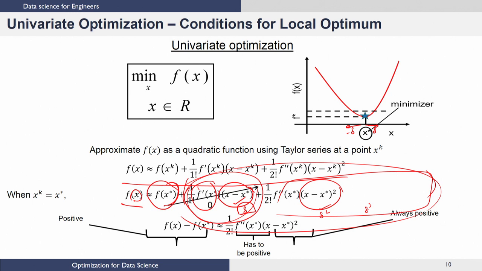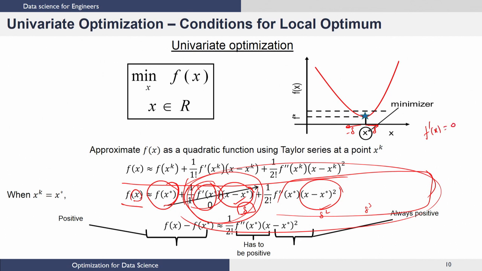So, basically the only way out for x star to be a minimizer is for this term to be 0 irrespective of x. That basically means that f prime of x star has to be 0. So, that is the first condition that we usually get, f prime x is 0.